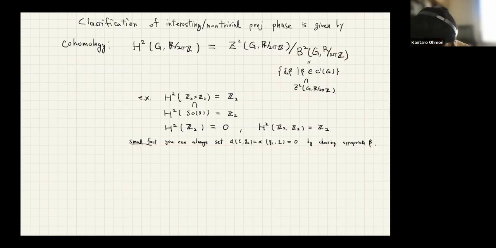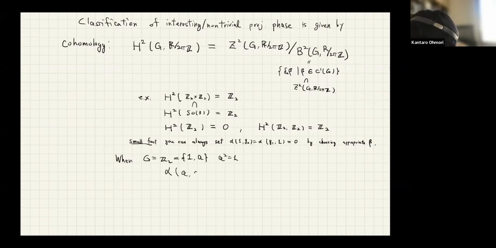Then when G is Z2, the only thing we have to care about is alpha of a, with a squared equals 1.